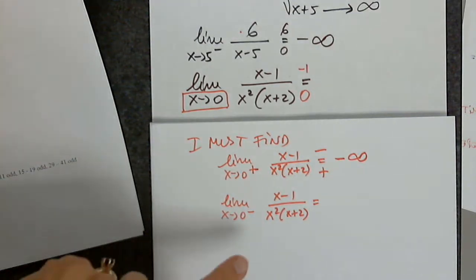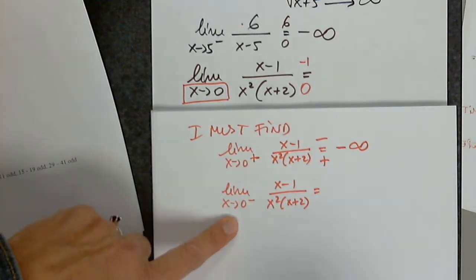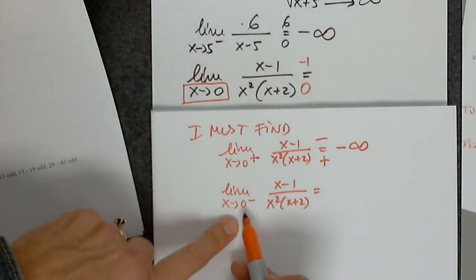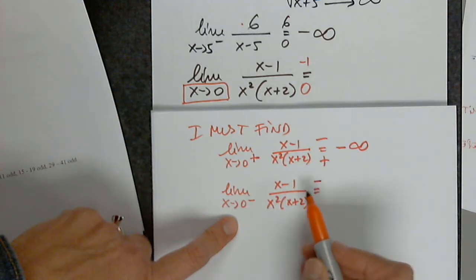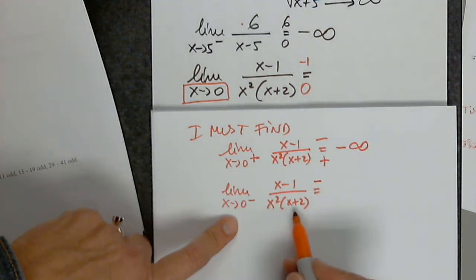I repeat, for 0 from the left. Give me a number close to 0 from the left-hand side of 0. Perfect. The numerator is negative. The denominator, this is positive, and this happens to be positive as well because negative 0.1 plus 2 is still positive.